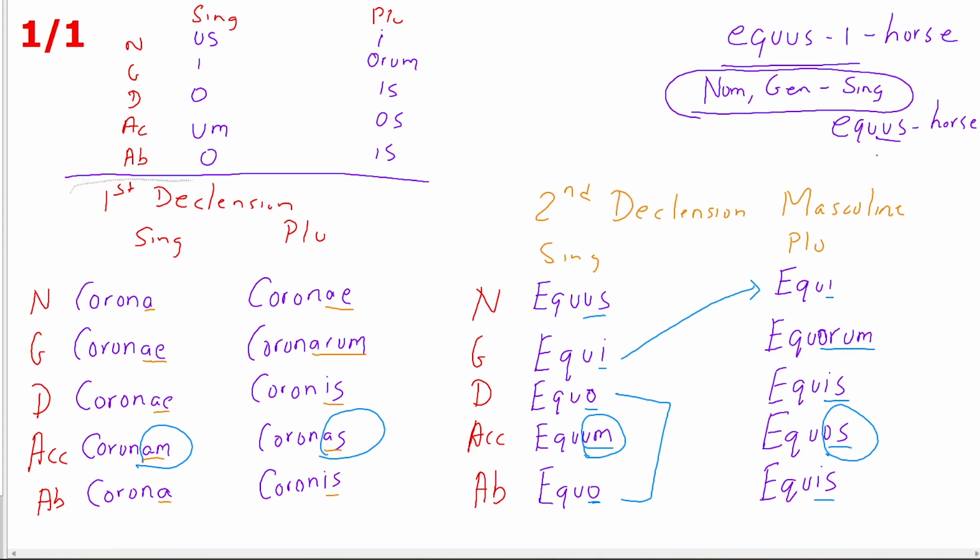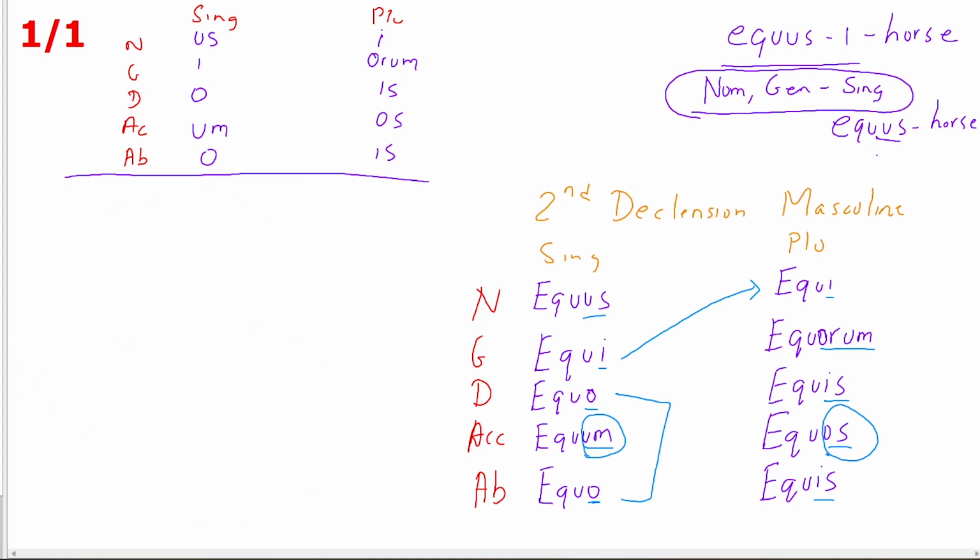Okay, so let us take another example now. Let's take a look at the word Deus, Dei, which means God. Okay, so try to solve this one.